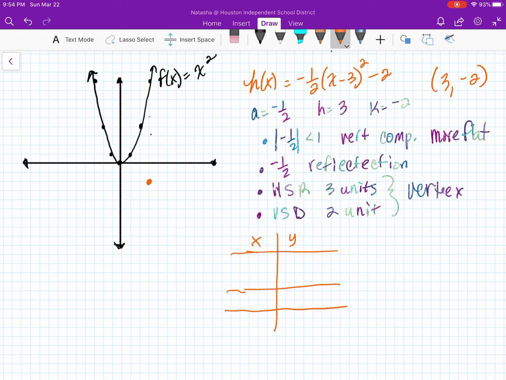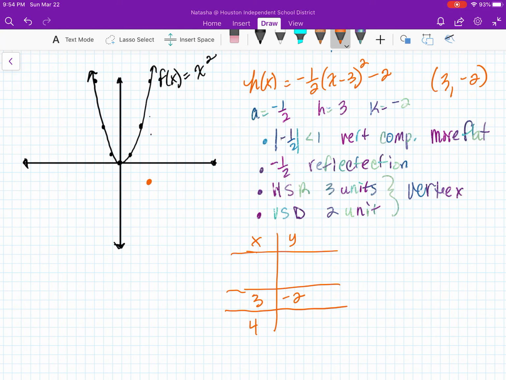We know our vertex is at (3, negative 2), and we know it's going to be going the opposite direction. Let's talk about potential values that we want. Let me go to my calculator.